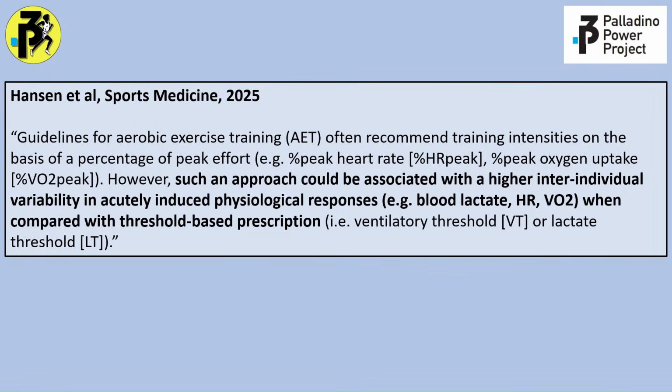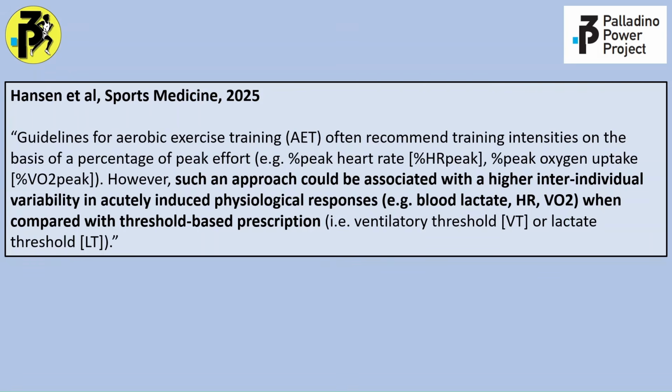In the most recent article by Hansen et al., they say that guidelines for exercise prescription are often recommended as a percentage of peak effort, like max heart rate or max VO2.